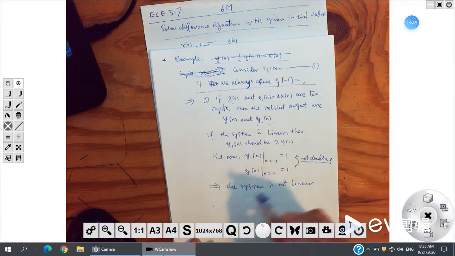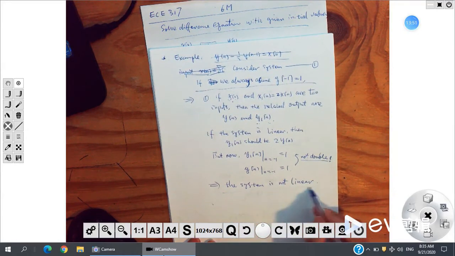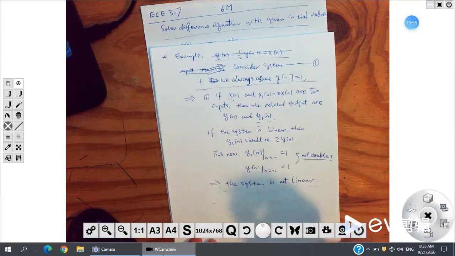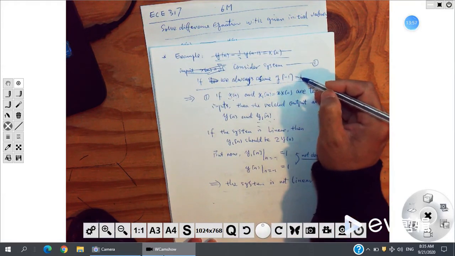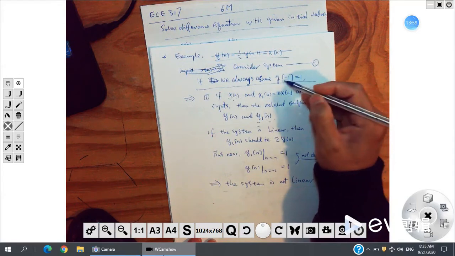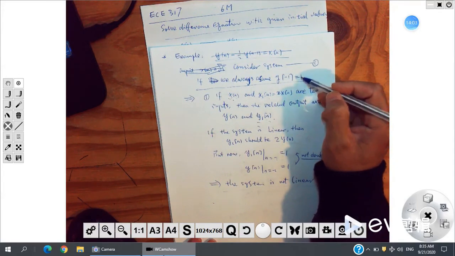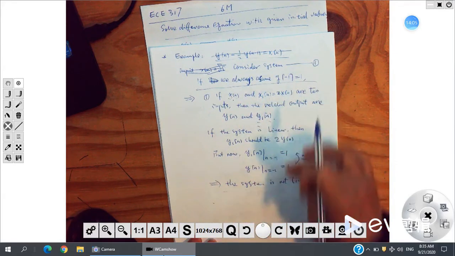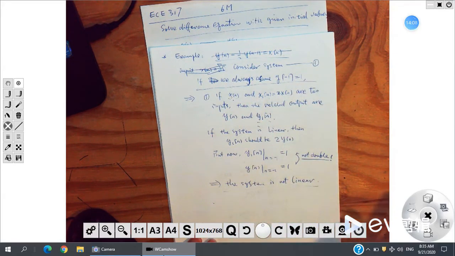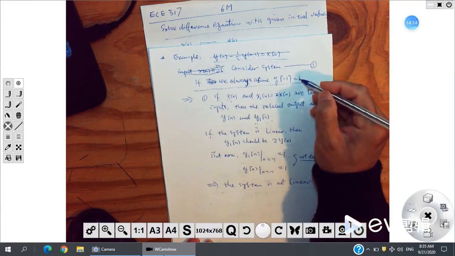Then the system is not linear. Here I said y[-1] is a fixed number. You can also say y[2] is always 1. Then you can do a similar thing. You will see that is also not a linear system. Of course, if you set this to 0, things will be good.